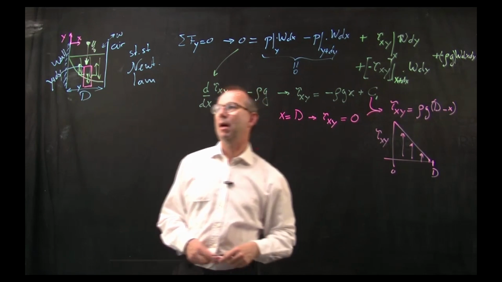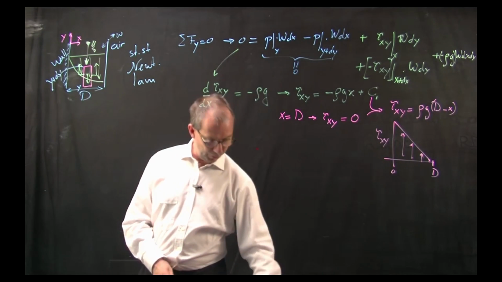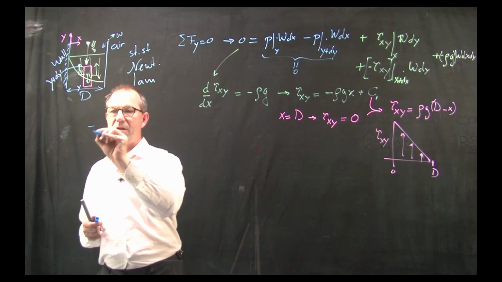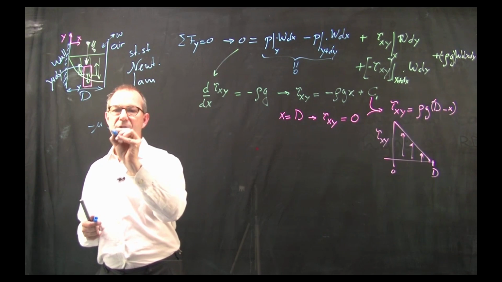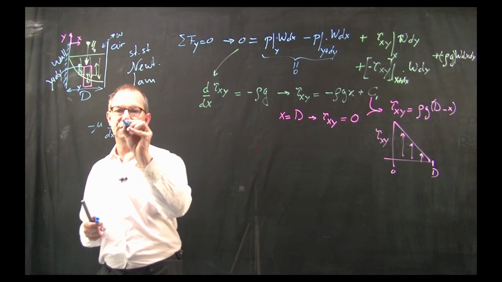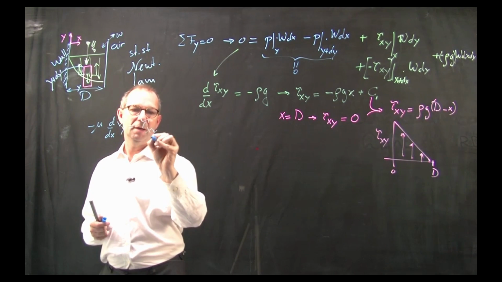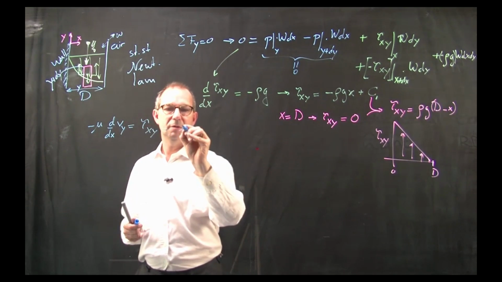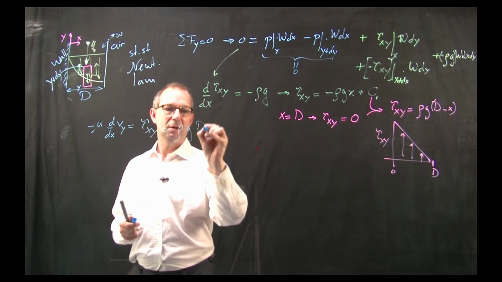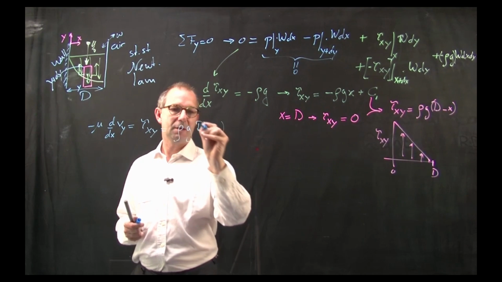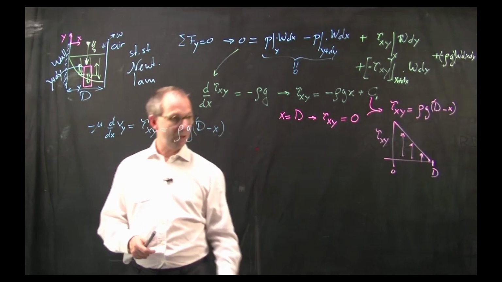Now that I have that, I invoke that this is a Newtonian fluid, and thus that I can write minus mu d dx of Vy. That is my tau xy, and that is this rho g (d minus x). Can simplify this.